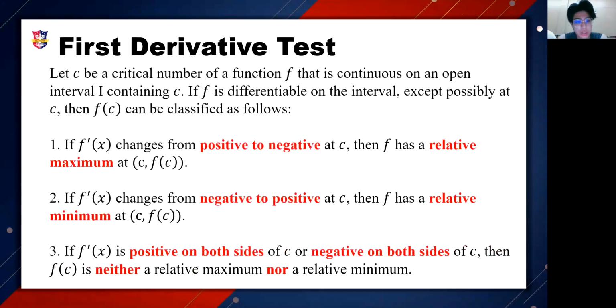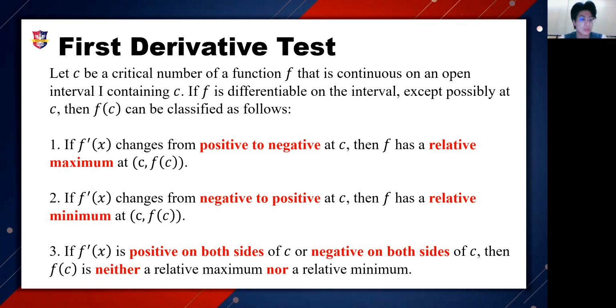Let c be a critical number of a function f that is continuous on an open interval containing c. If f is differentiable on the interval, except possibly at c, then f(c) can be classified as follows.